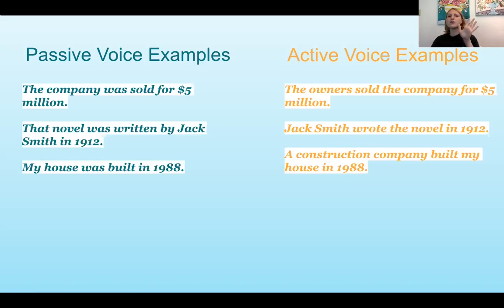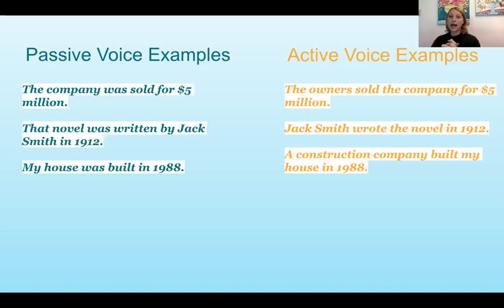The company was sold for $5 million. Who is the company? Is it just a random company? Is it Apple? That's not a very impressive amount for Apple. So we don't know who. We don't have a subject. That's why it is passive. It leaves you with the question who.